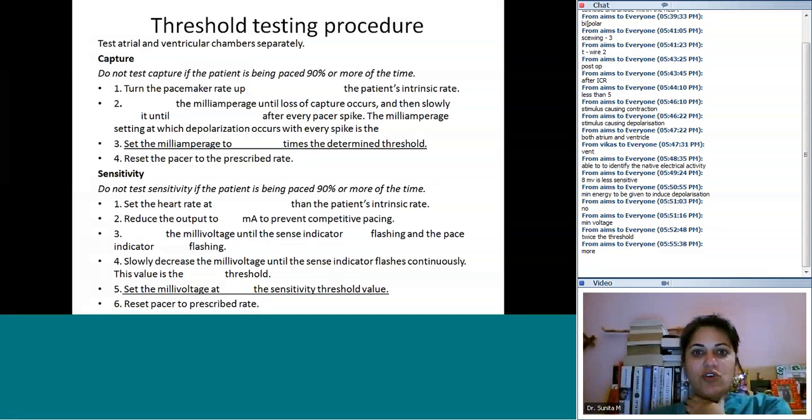Okay. So you're going to put it about 10 beats per minute higher. So if his rate was 80, you're going to put it at 90. Then what are you going to do? To the milliamperage, you're going to do something to it until you stop capturing. So what are you going to do to your voltage, to your output? Reduce or increase?